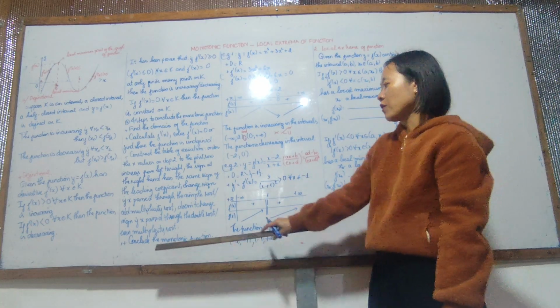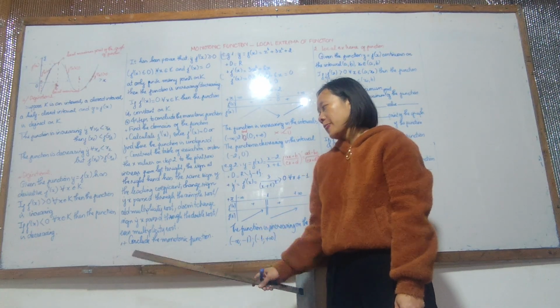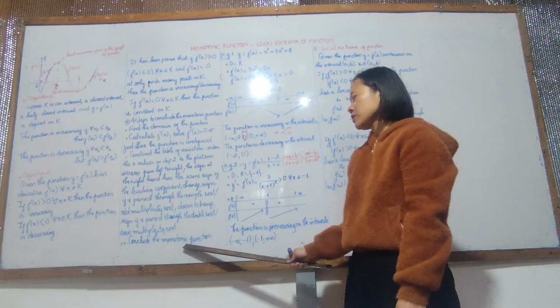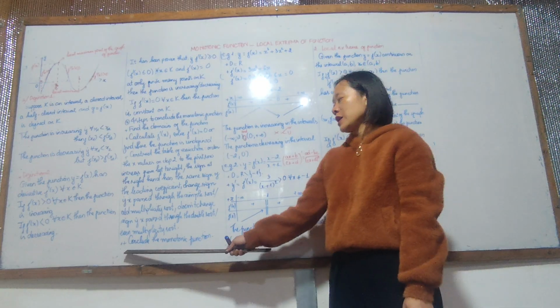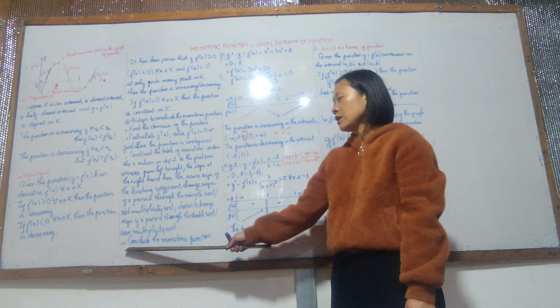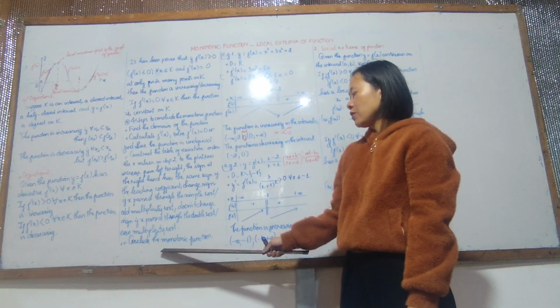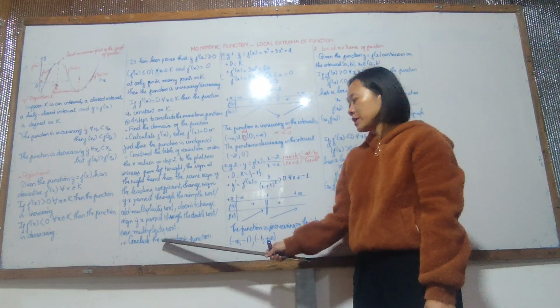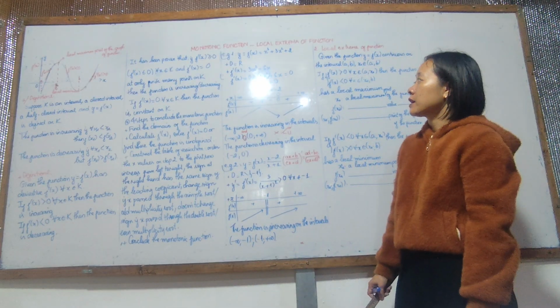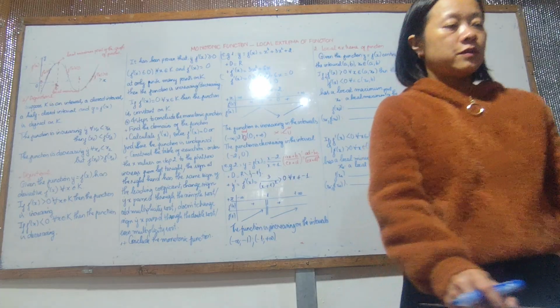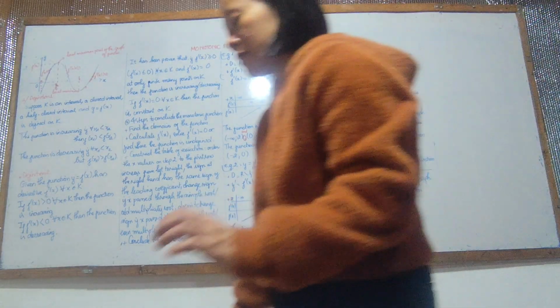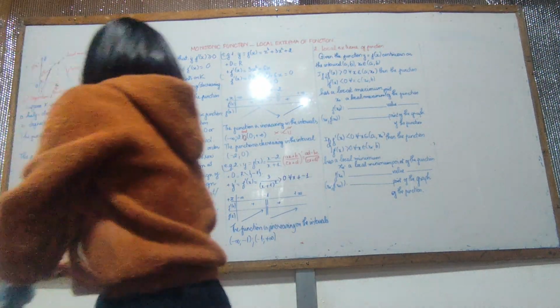But in step 4, instead of concluding the monotonic function, we change this step to conclude the local extrema of the function. And come back to the 2 exercise, 2 example.